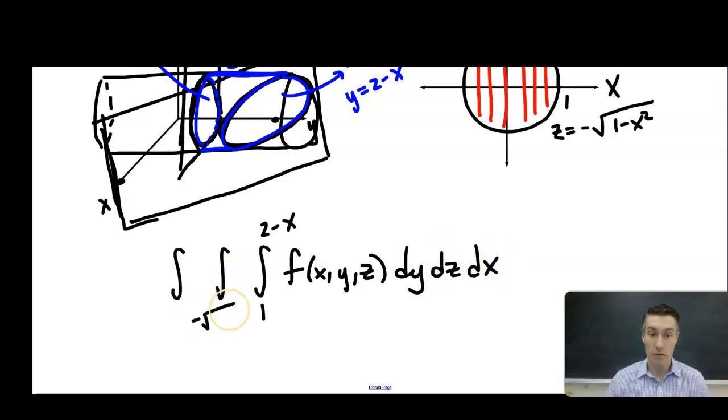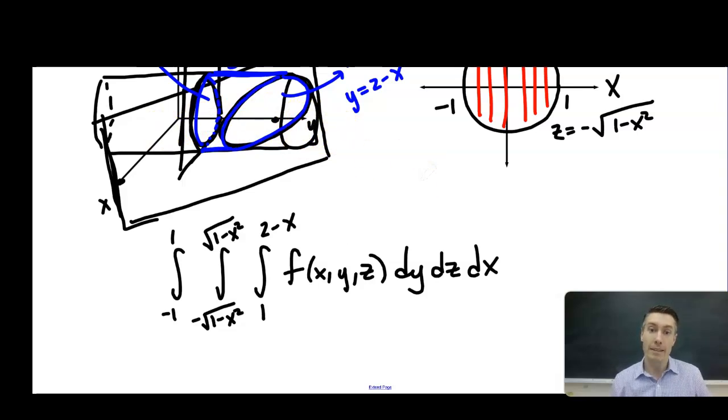So from negative square root of 1 minus x squared to positive square root of 1 minus x squared. And left to right, we're going negative 1 to 1. Okay, so this is the example of a type 3 region. How it's defined by y equals surfaces and the projection.